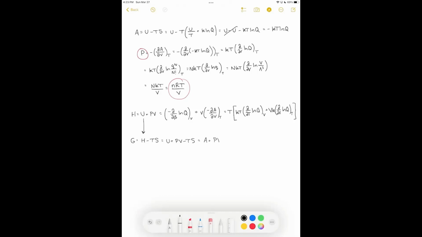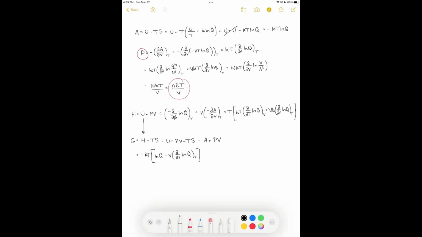So the Gibbs free energy is also equal to the Helmholtz energy plus PV. Again, doing the same sort of thing and skipping a little bit of work here, we can say that the Gibbs free energy is equal to negative kT times the natural log of Q minus the volume times the derivative with respect to volume of the natural log of Q at constant temperature.